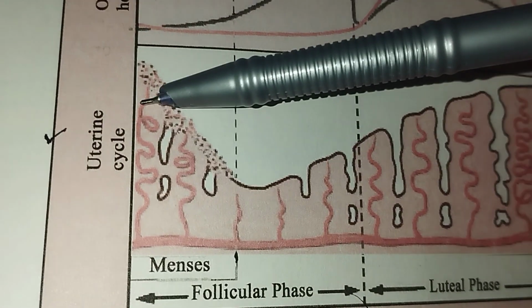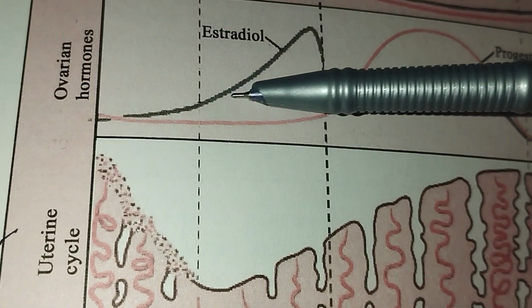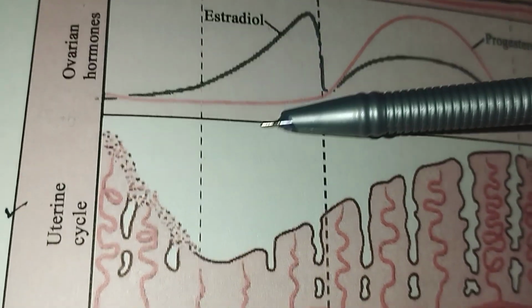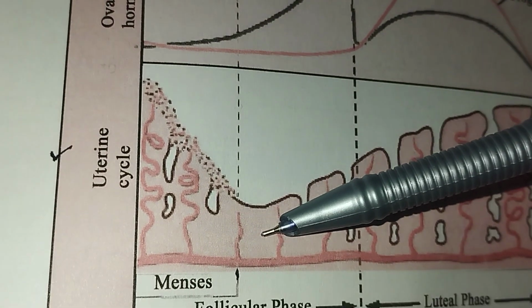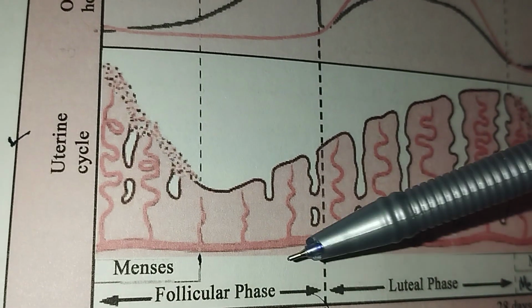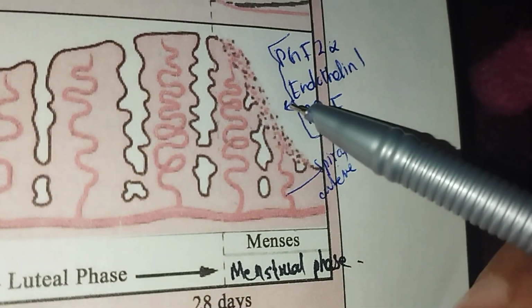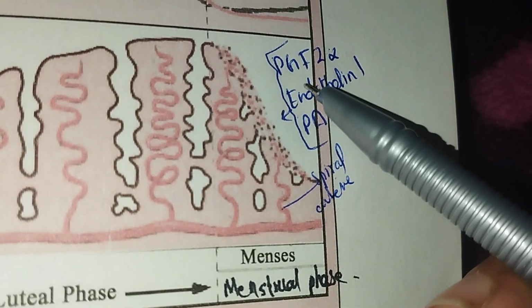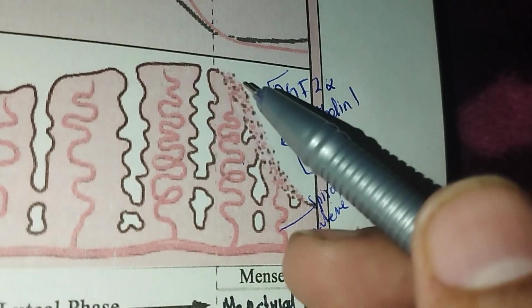And here you can see this. Now you can correlate this: when the estrogen levels start rising, the layer regenerates. Let's go into detail with this. Due to the lack of progesterone, there will be ischemia of this layer.